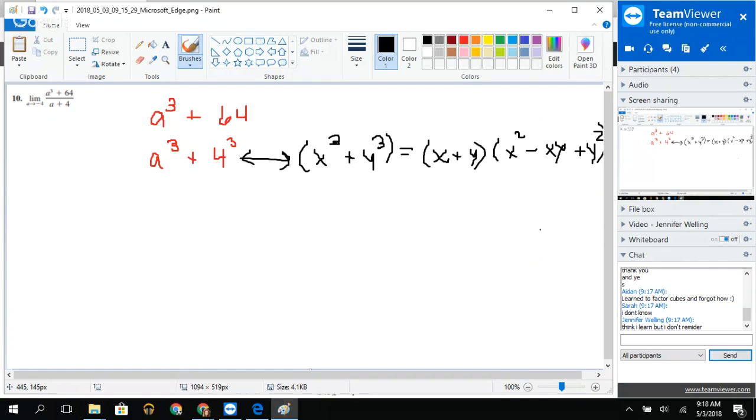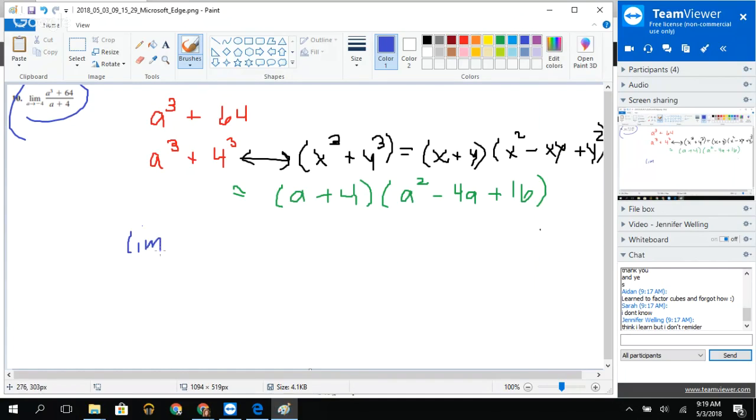So this is pretty much just rewriting a cubed plus 4 cubed as a plus 4, okay, times a squared minus 4a plus 16. So the benefit of rewriting that is that now when I go to take my limit, what I'm actually trying to do, right? The limit as a approaches -4.